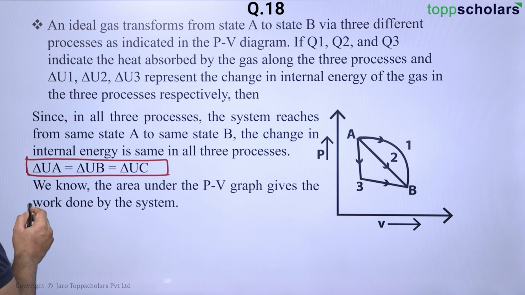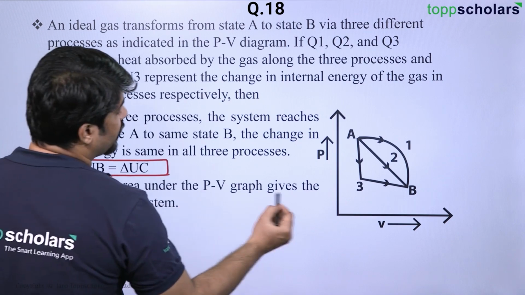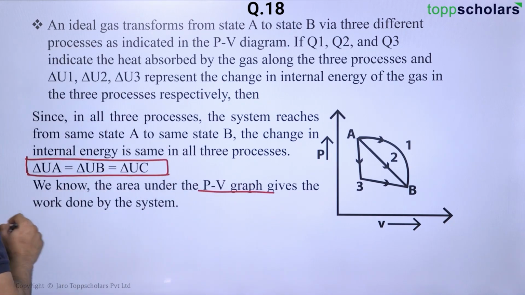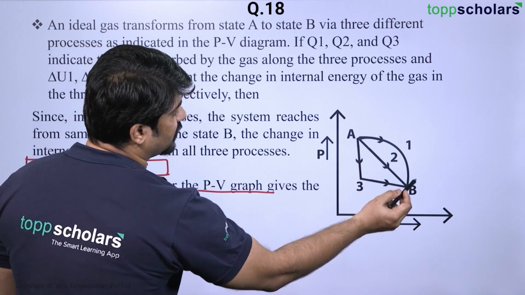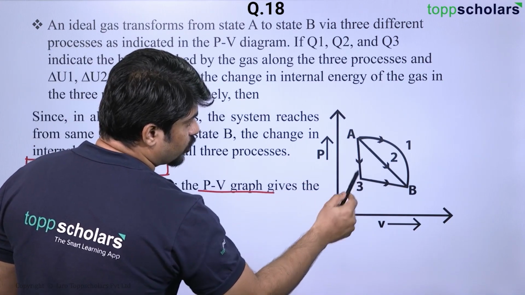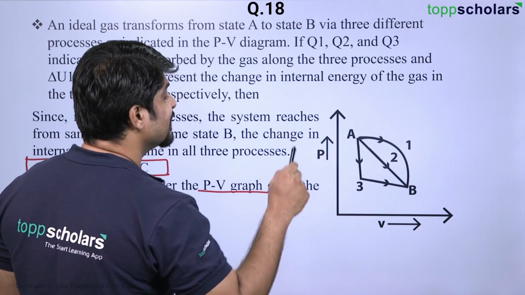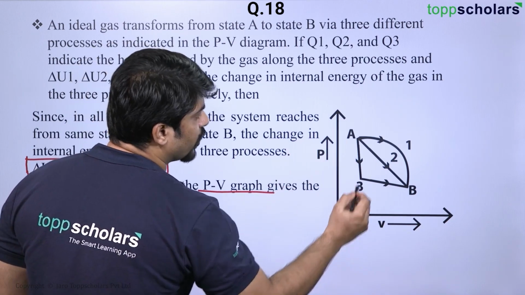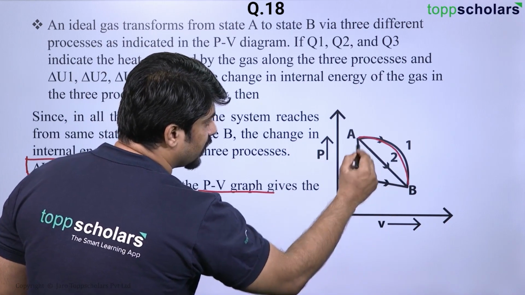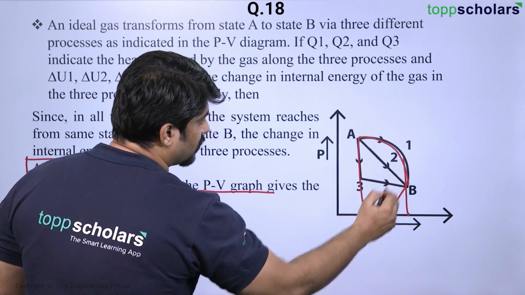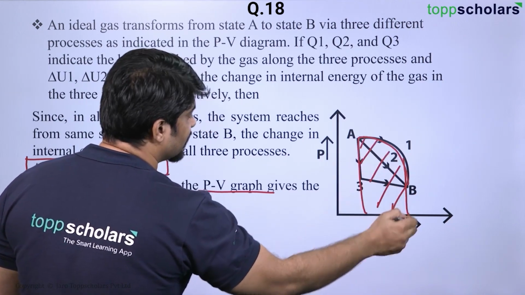Now we know the area under the PV graph gives the work done by the system. Here we can see there are 3 processes, so the area under each gives us the work done. For this path the area is largest, so definitely the work done is largest in this case.